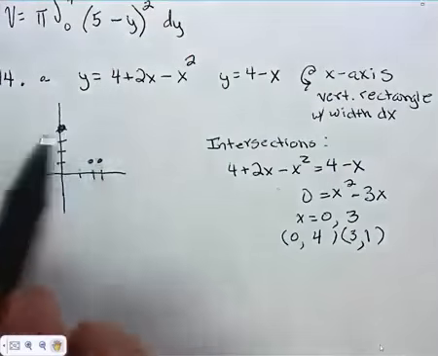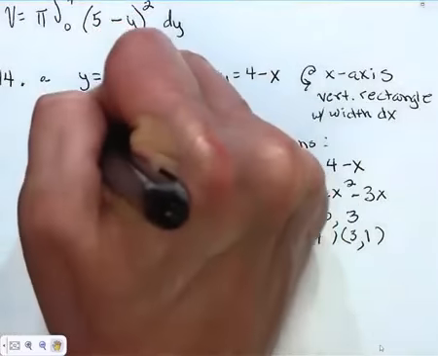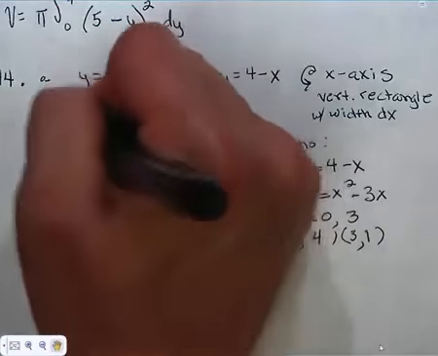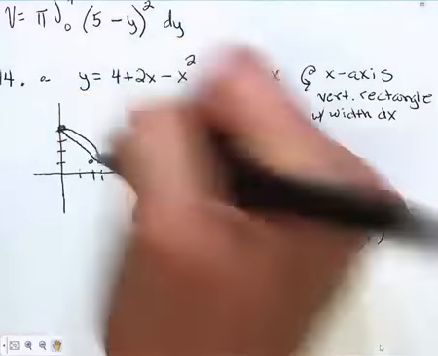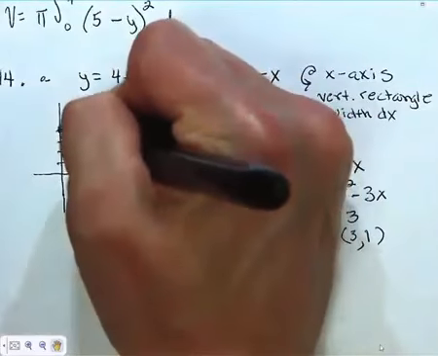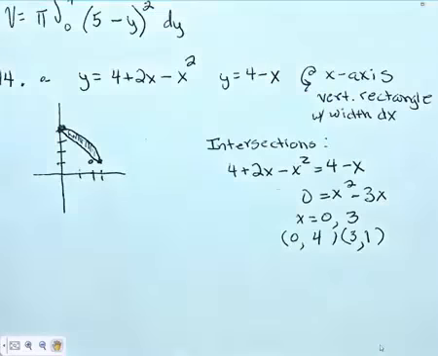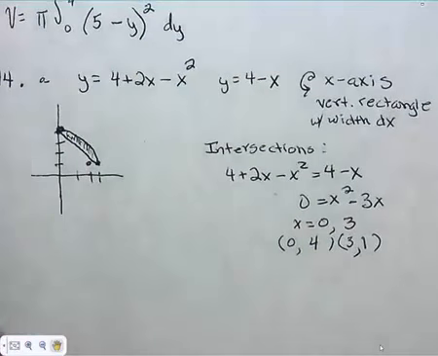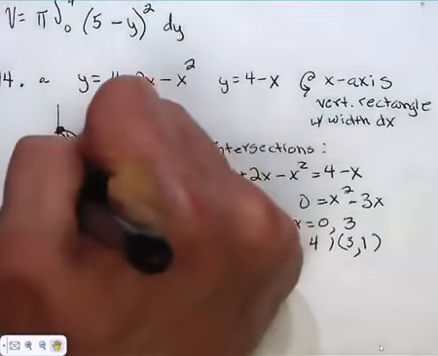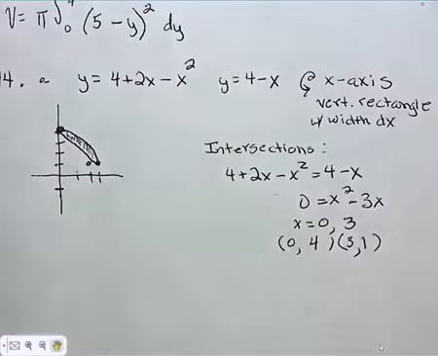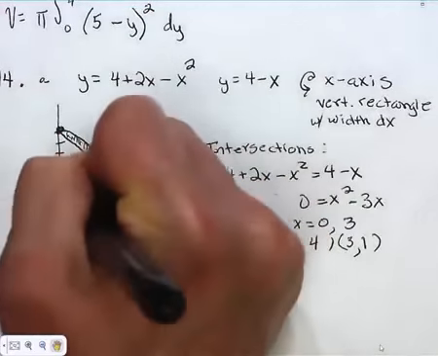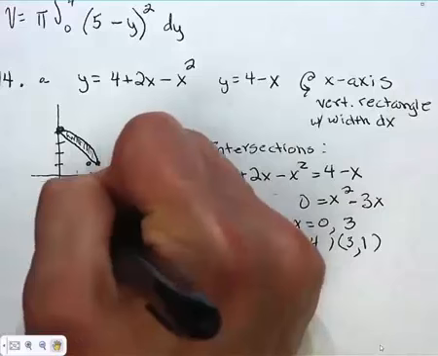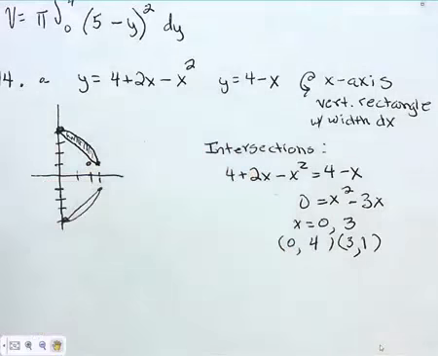From here to here, you have a piece of a concave down parabola, and you have a line segment. So that's the thing we're going to be rotating. When I try to picture it, if I rotate it around the x-axis, I'm getting better at flipping that upside down and seeing the parabola part on the bottom and the line part on the top.